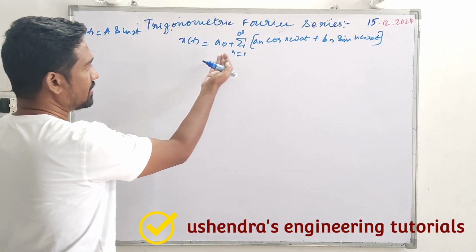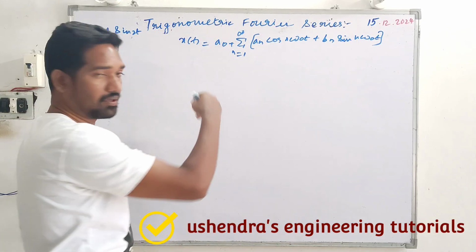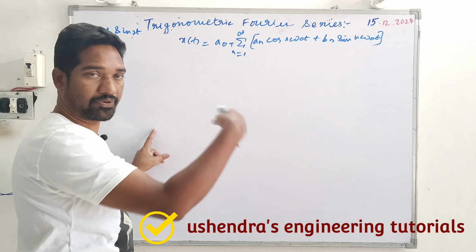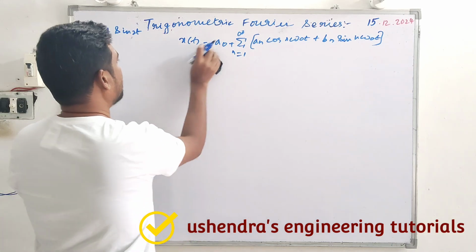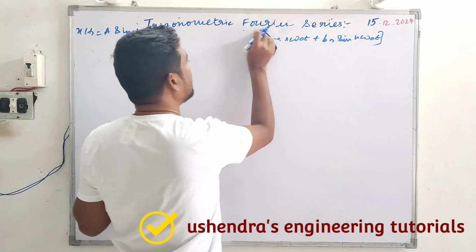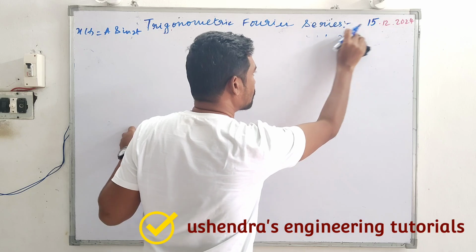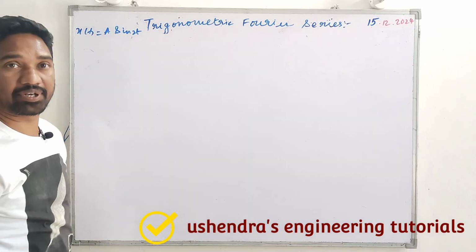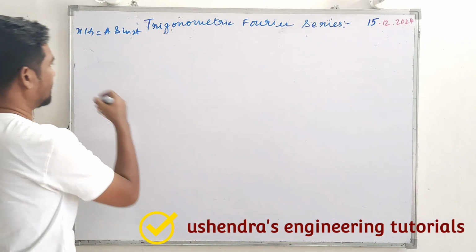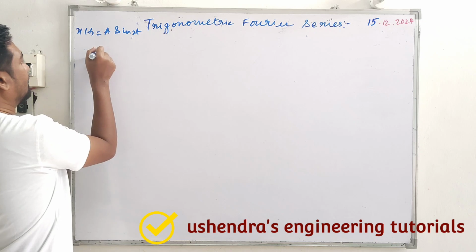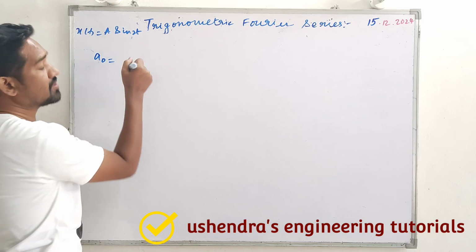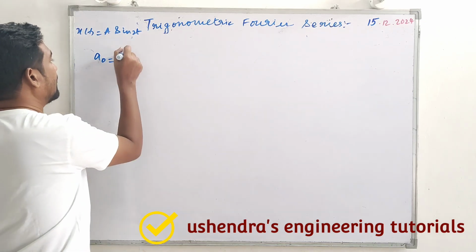Here we need to evaluate a naught, a n, b n, and a1, a2, a3, a4 further from the general expression for a n and b n. And guys, remember, in between we come across some trigonometric identities, and the name itself says trigonometric Fourier series, so trigonometric identities come in between.